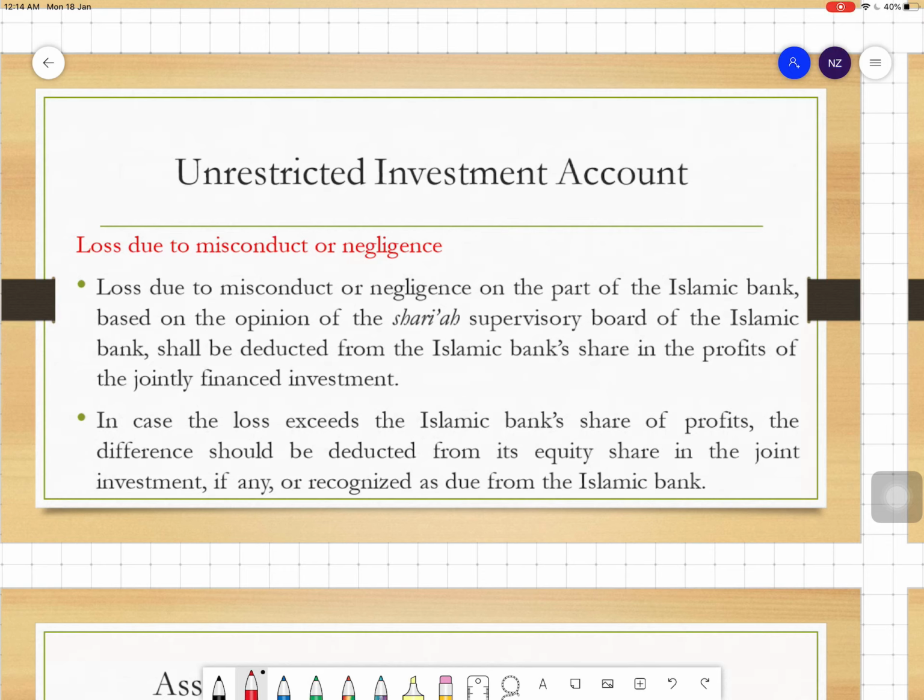But let's say the loss is due to misconduct or negligence. The loss due to misconduct or negligence on the part of the Islamic Bank, based on the opinions of the Sharia Supervisory Board of the Islamic Bank, shall be deducted from the Islamic Bank's share in the profits of the jointly managed investment.